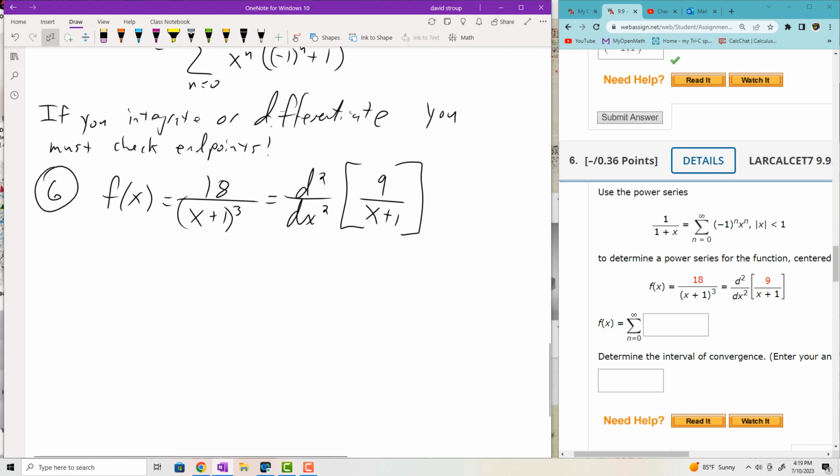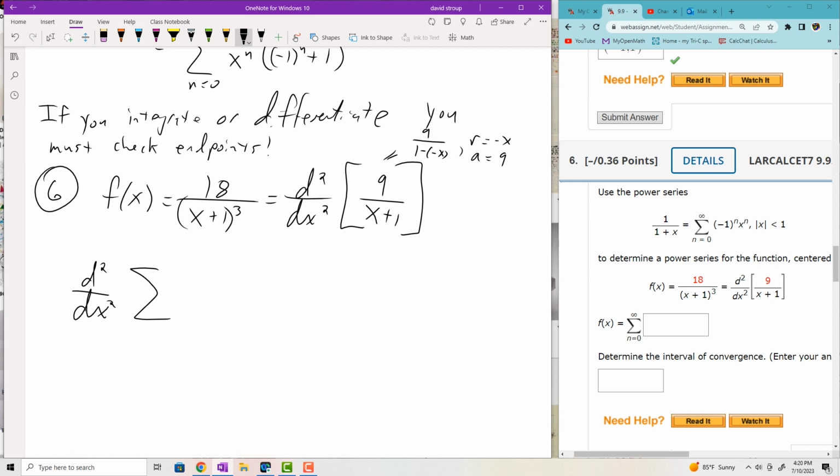In particular, that power series is just going to be a geometric series, right? So we just need to take the second derivative of this geometric series, rewriting this a little bit. It's 9 all over 1 minus negative x. So the r value is negative x, and the a value is 9.